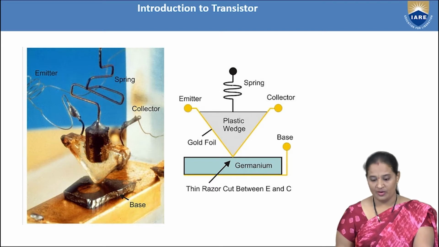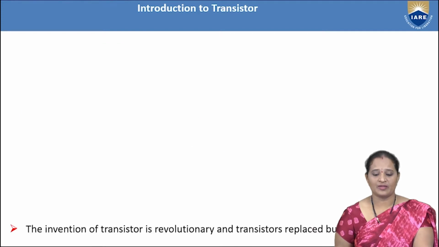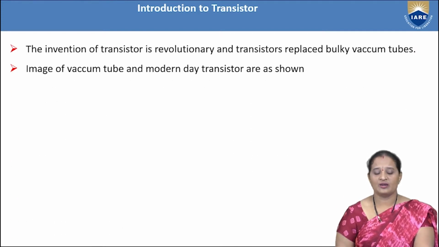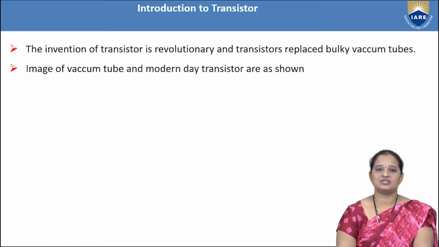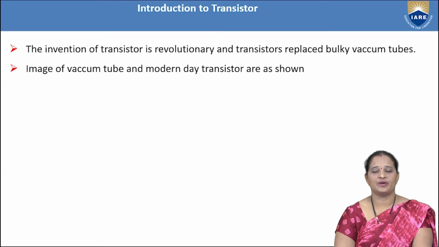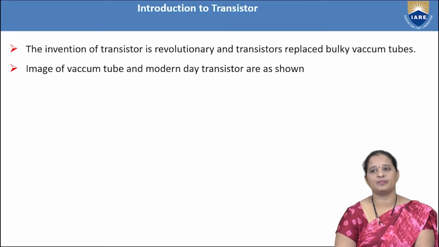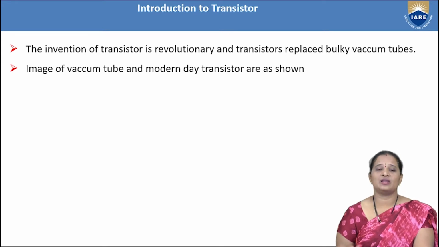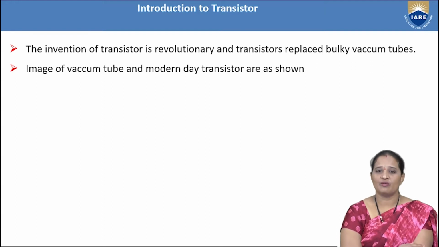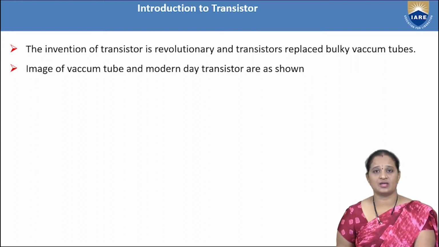This is the first version of the transistor, that is, a vacuum tube. The invention of the transistor is revolutionary, and transistors were invented to replace vacuum tubes, which are very bulky in size. As they are bulky, this team decided to invent another device which can replace the vacuum tube.